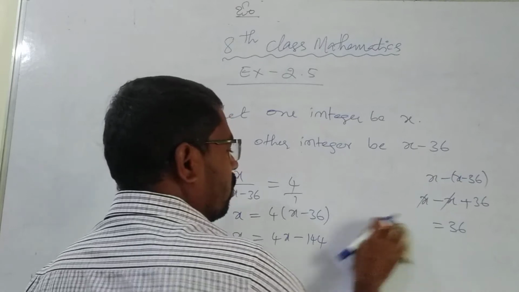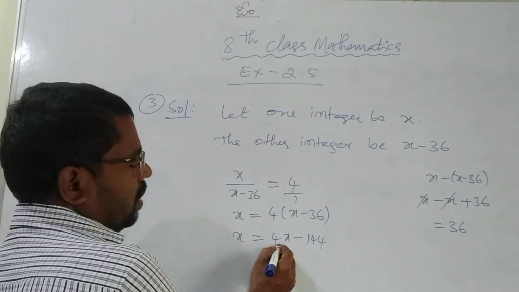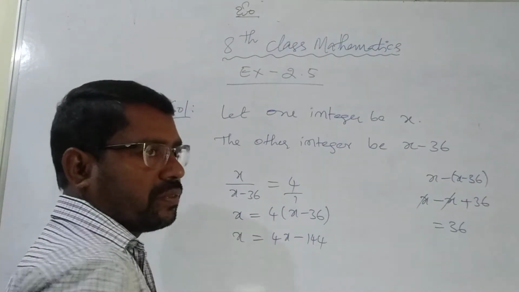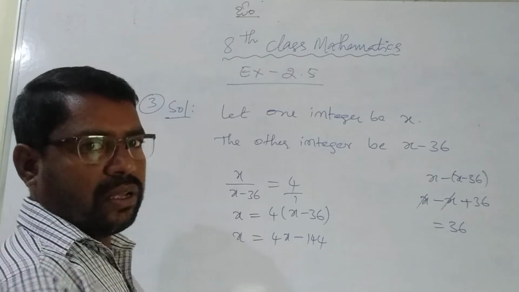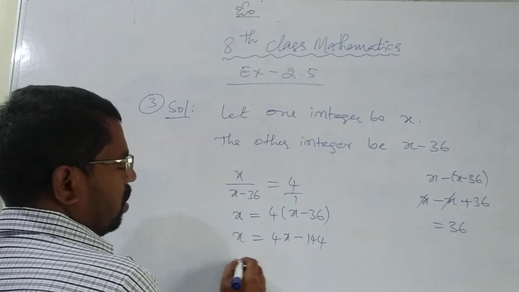Now I want to find the x value. That means here 4x terms are there, here only 1x. You can shift, and minus 144 already on the right hand side, you shift to the left hand side, it makes positive.